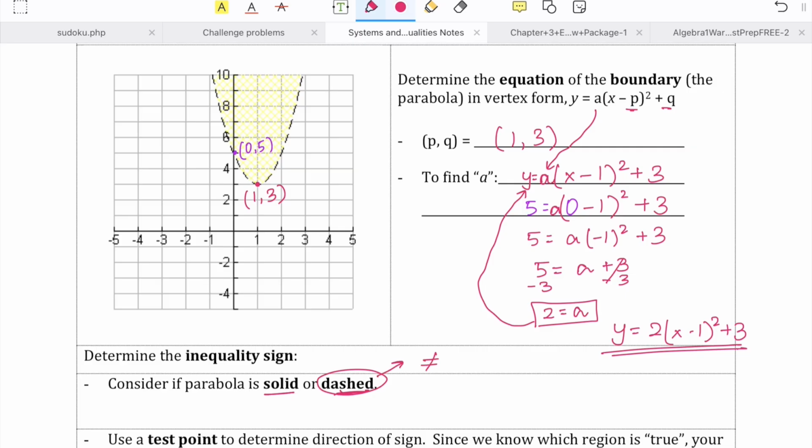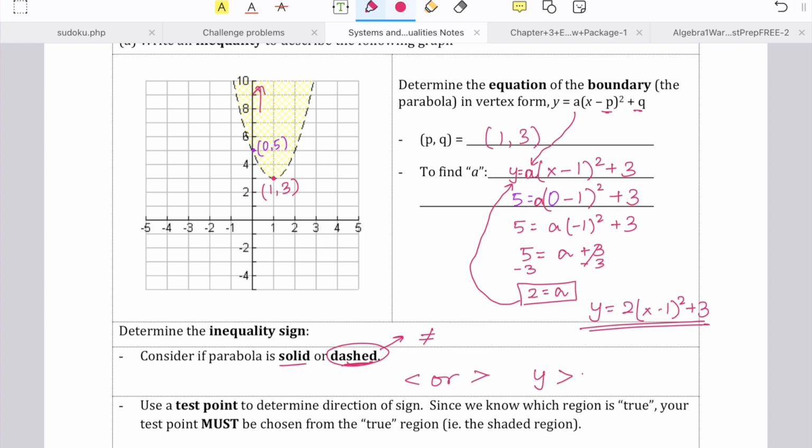Which one will it be? Greater than y? Why? Because it's on the inside, going up. It's shaded above the parabola. So y is greater than 2(x minus 1) squared plus 3.